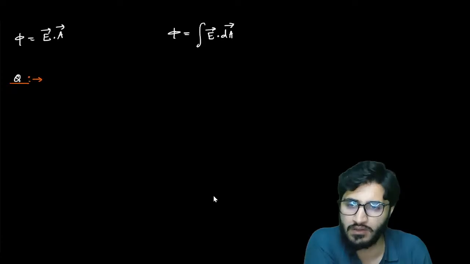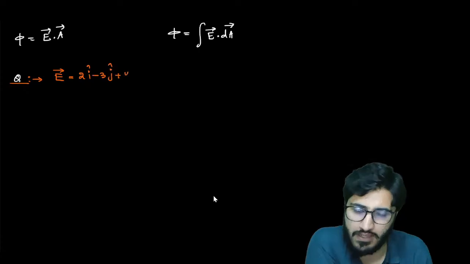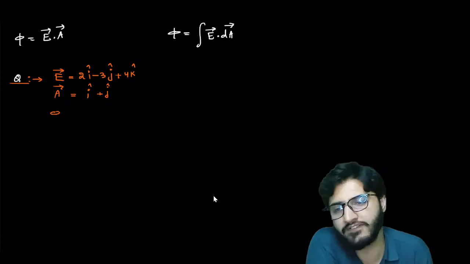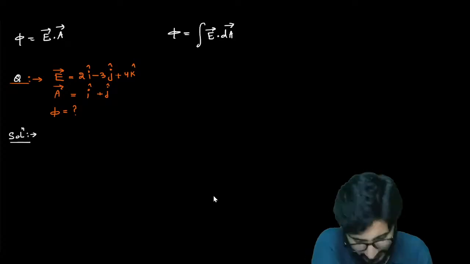My electric field is given to us as 2 i cap minus 3 j cap plus 4 k cap, and my area is given as i cap plus j cap. Find phi. How do we need to proceed with numericals like this?